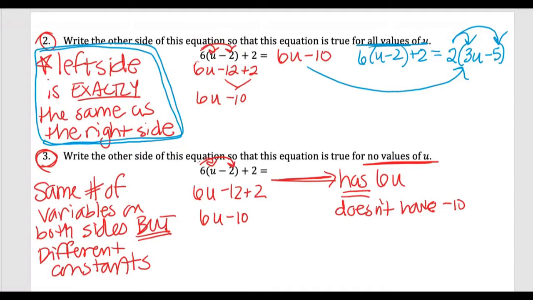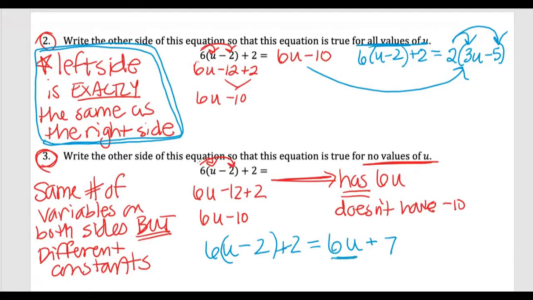Okay. So, let me rewrite this. 6u plus 10. 6u minus 7. 6u plus 11. 6u plus 8 million.